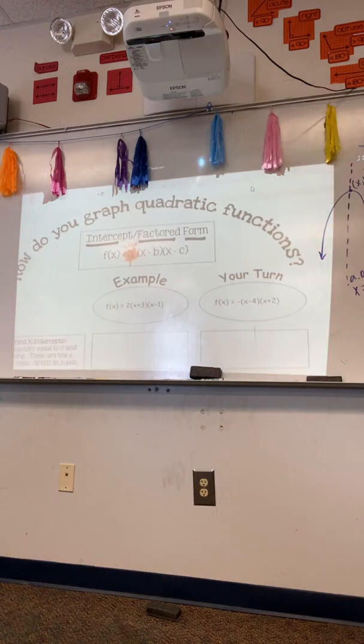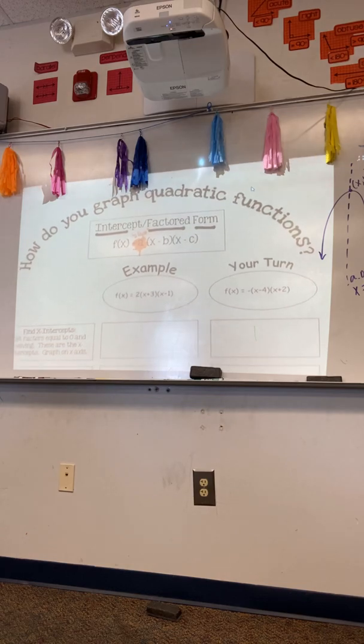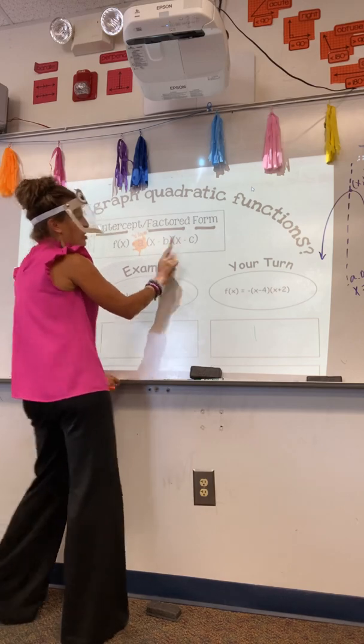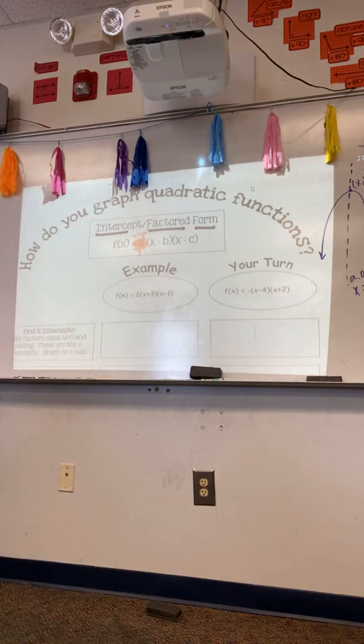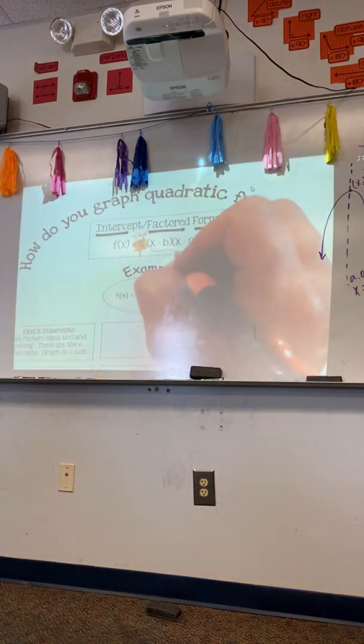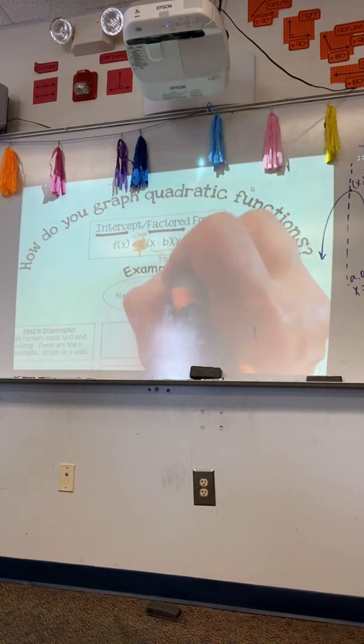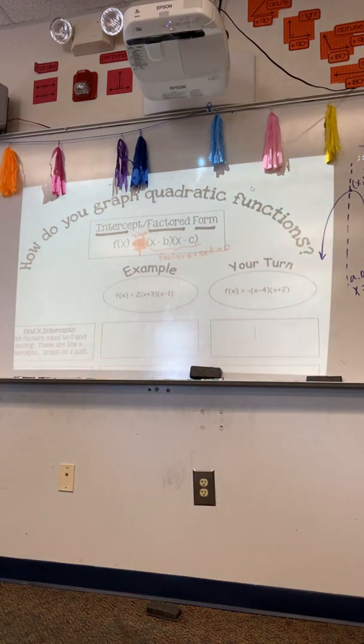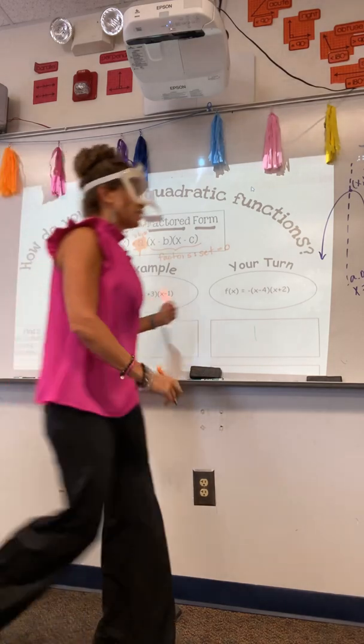It's like your rise over run. These two things are your x-intercepts. So these right here, they're called factors. And what we'll do is we will set them equal to 0. So I'll show you that in just a second.